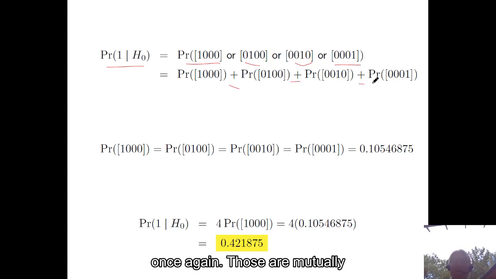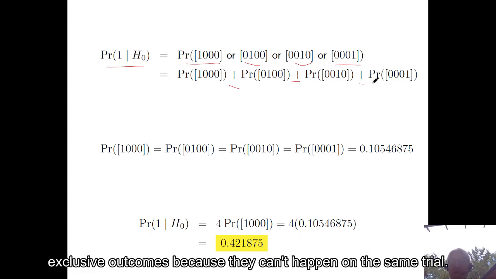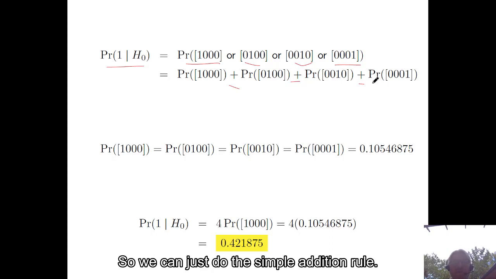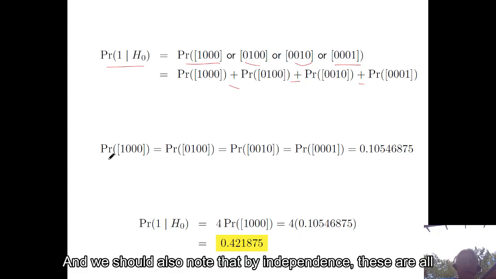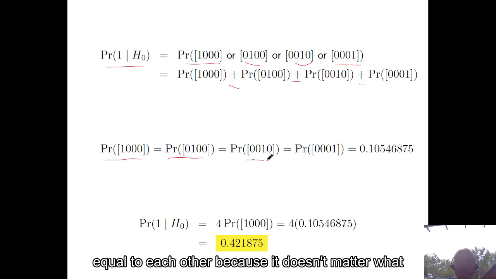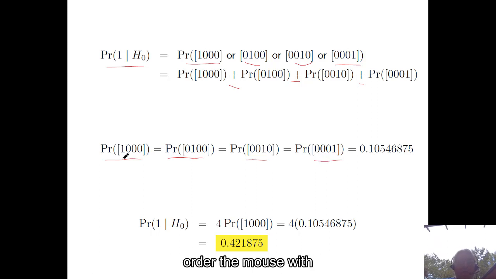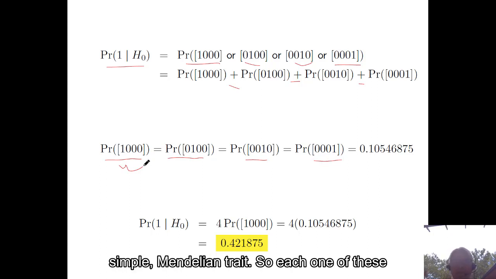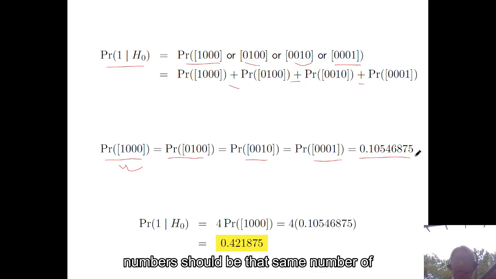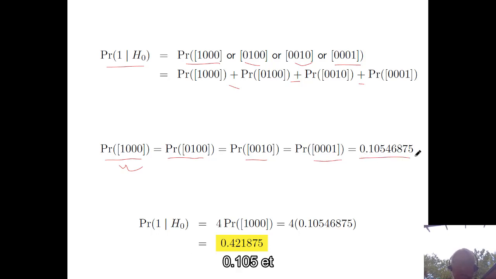Once again, those are mutually exclusive outcomes because they can't happen on the same trial, so we can just do the simple addition rule. And we should also note that by independence, these are all equal to each other because it doesn't matter what order the mouse with albinism is relative to the other ones because each of the offspring is assumed to be independent and a simple Mendelian trait. So each one of these numbers should be that same number, 0.105, et cetera, et cetera.